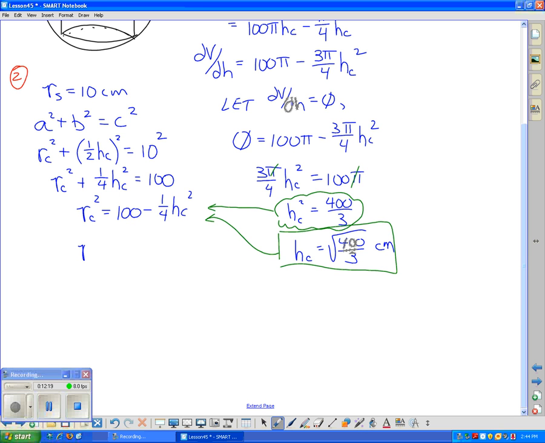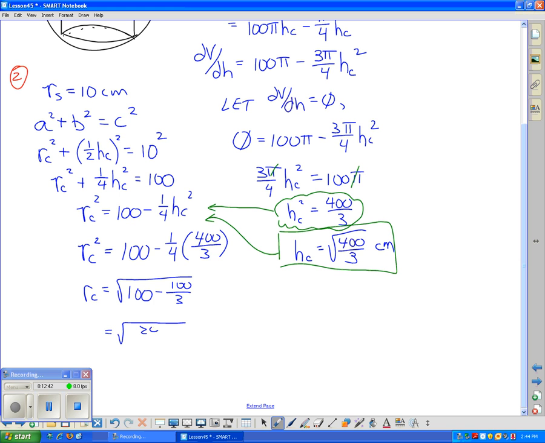So the radius of the cylinder squared would be 100 minus 1/4 of 400 over 3. Taking the square root of both sides, 100 minus 100 over 3, which is just the square root of 200 over 3 centimeters.